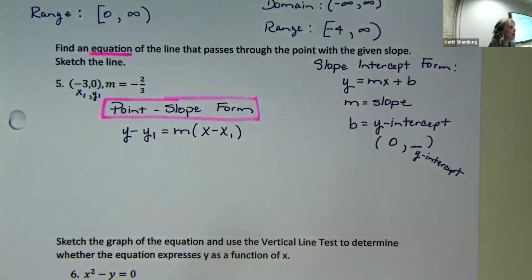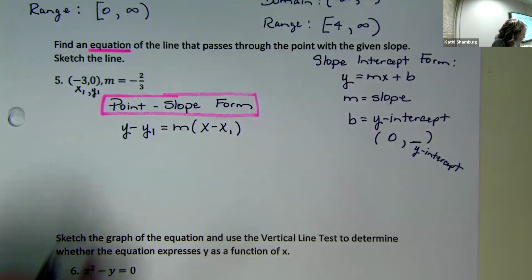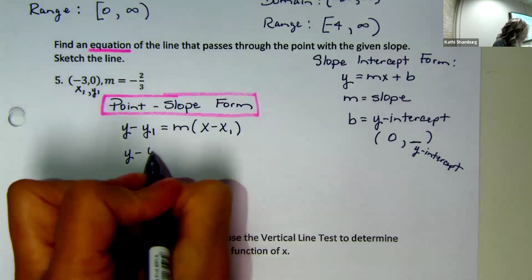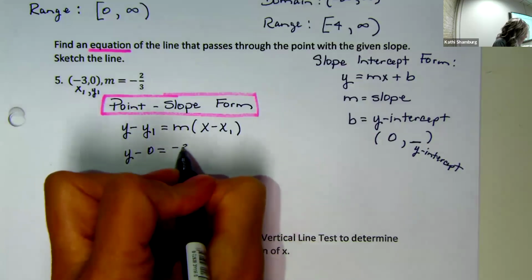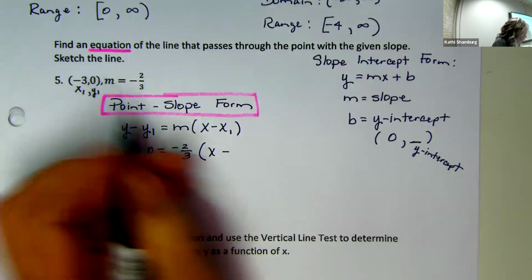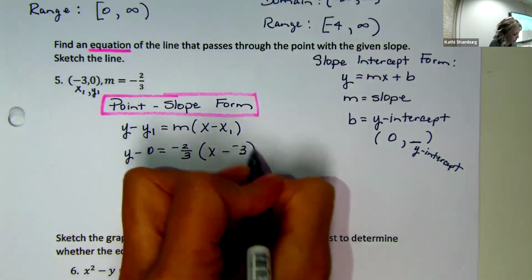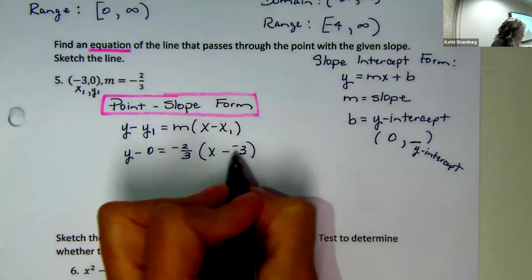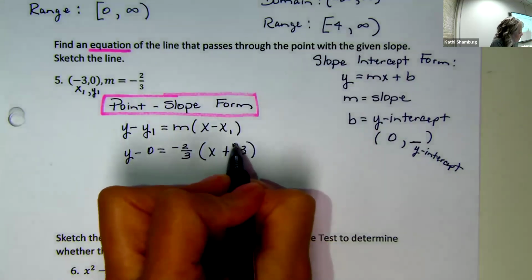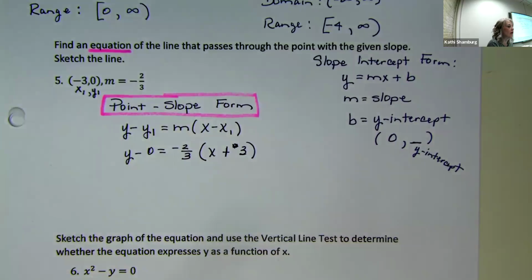In place of y1, we're going to substitute in 0. Your slope is -2/3 times x minus x1, and we're going to plug in -3. This minus a negative is actually plus, so I'm just going to go ahead and do that so I don't have to rewrite it.